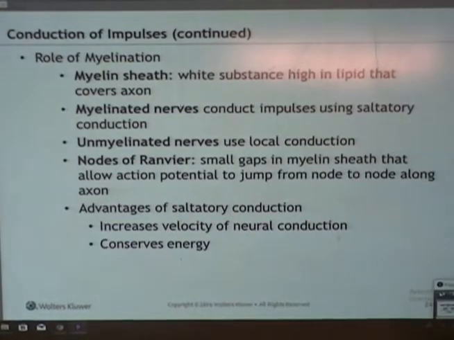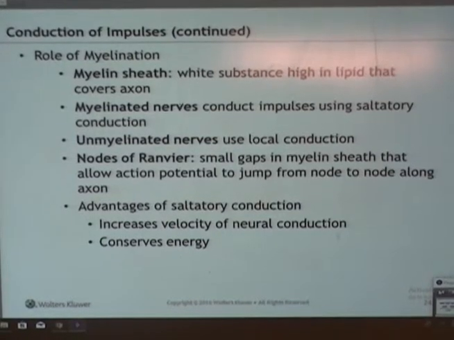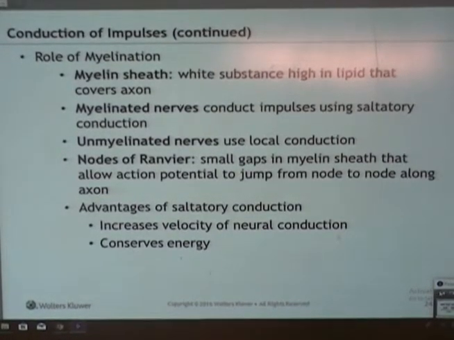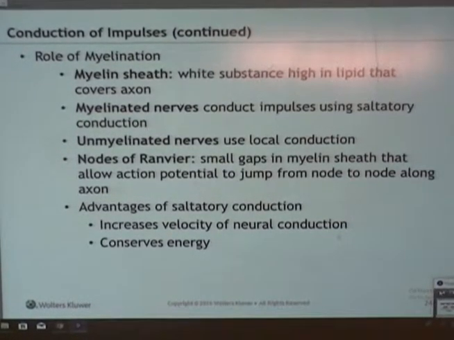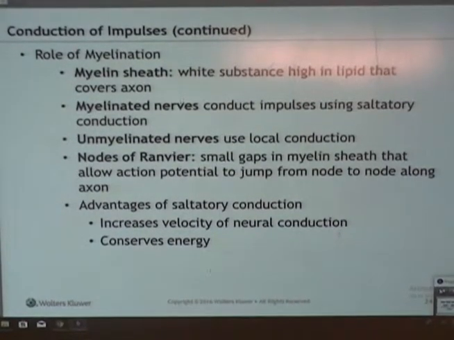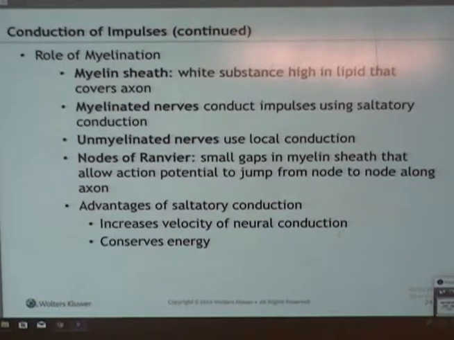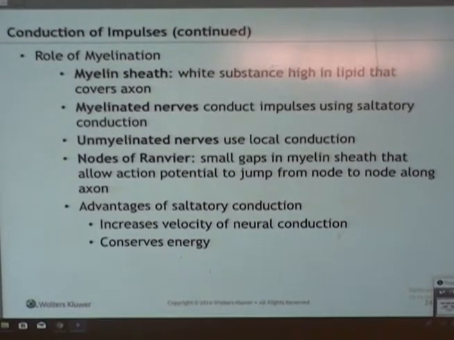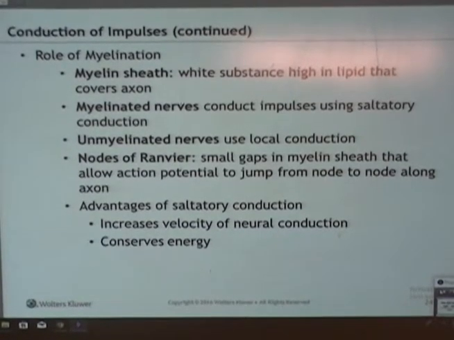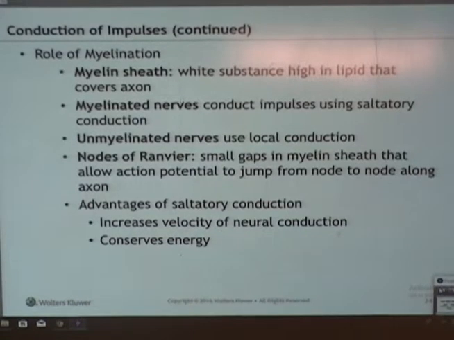All right. So even though that is really quick, 3 milliseconds for that action potential to occur and for the membrane to depolarize, action potential and repolarize, imagine how long it would take for a piece of information to leave your motor cortex and travel all the way down to your foot, right?